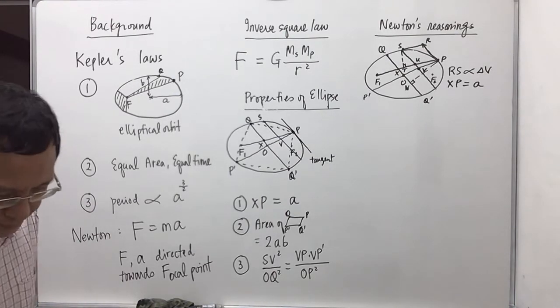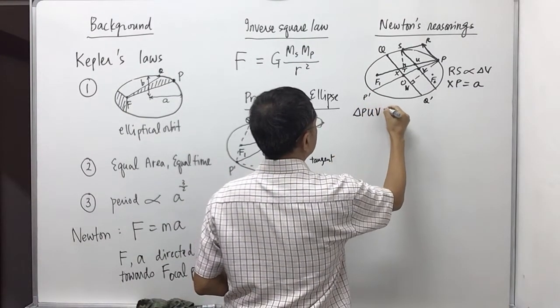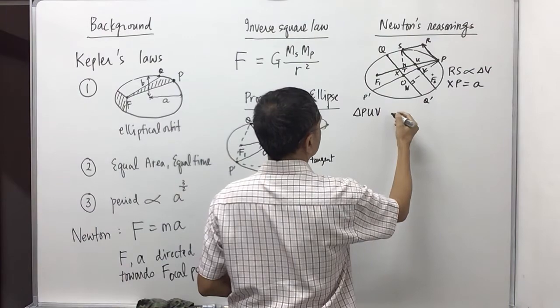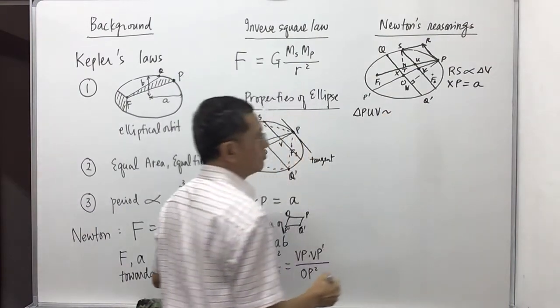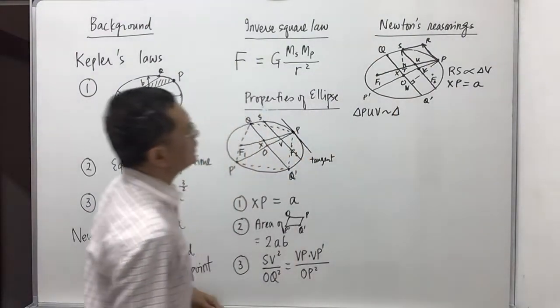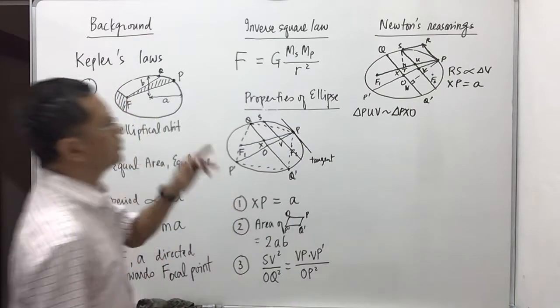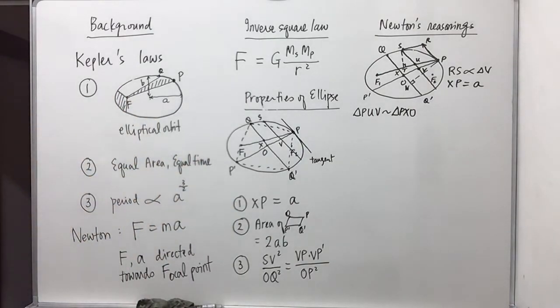Can you see them? Triangle PUV is similar, I'm going to use this symbol for similar, to triangle PXO.